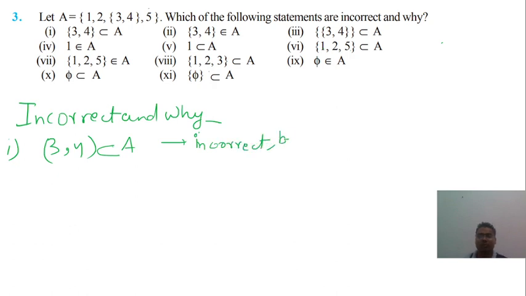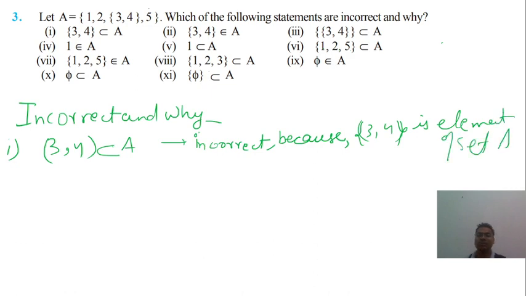Incorrect because {3, 4} is an element of set A. The second is true, the third is true, this again belongs to, the fourth one belongs to, the fifth is not a correct statement.